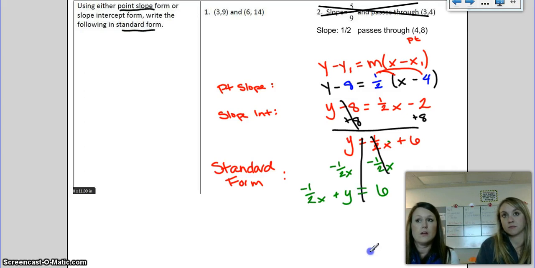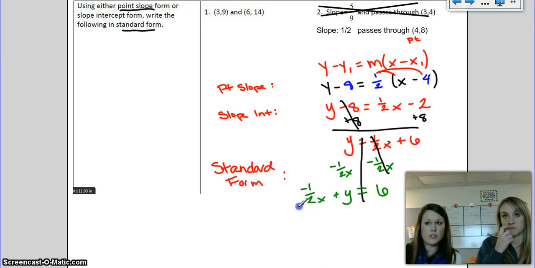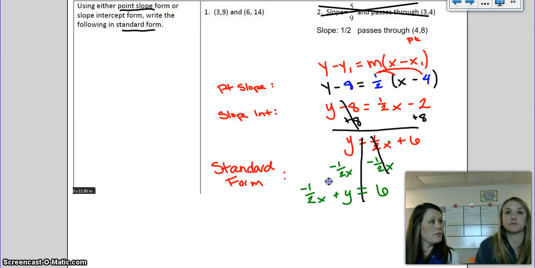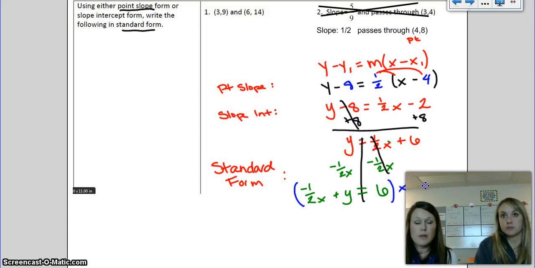I know that I have to have all integers in front of my variables, which is not there, and I know that the first one has to be positive. So I need to multiply by the only denominator I see, which is 2, but I also want to make it negative to eliminate that negative sign.